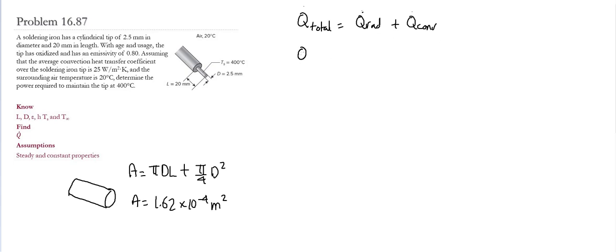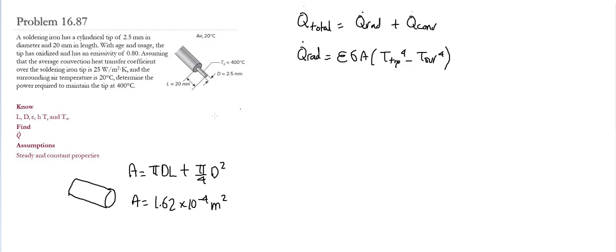So let's start with radiation. Radiation is simply emissivity, Stefan-Boltzmann's constant, the area, the temperature of the tip to the fourth, minus T surrounding to the fourth.